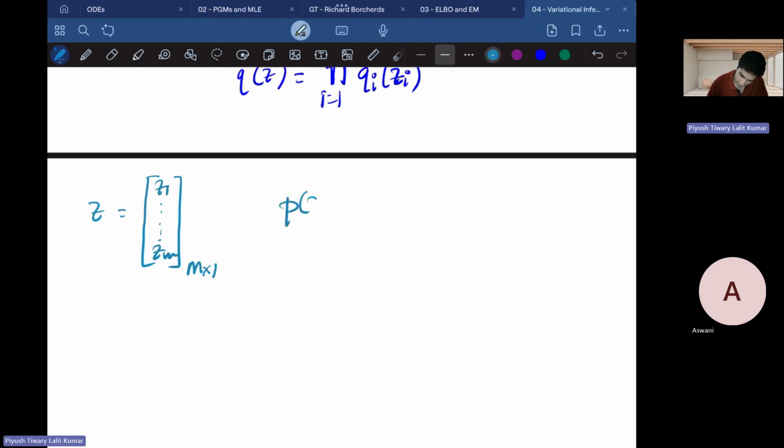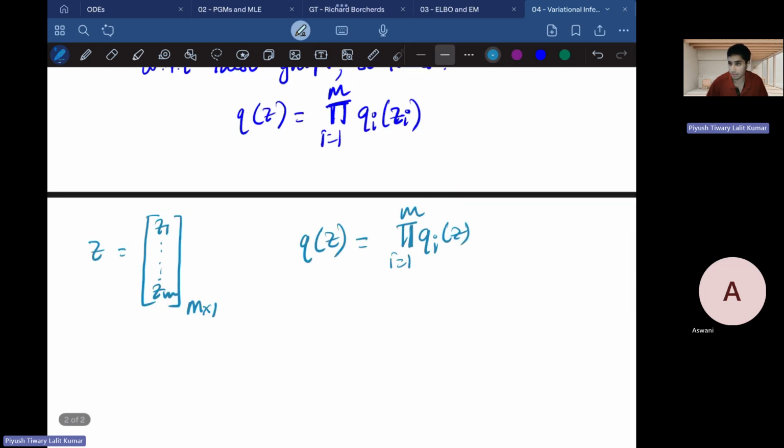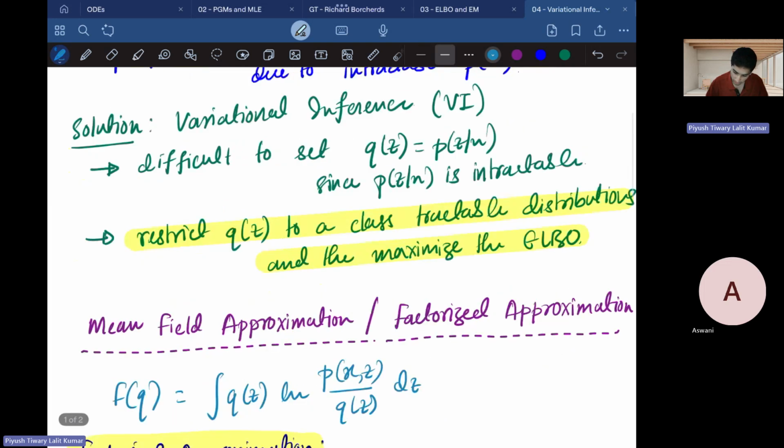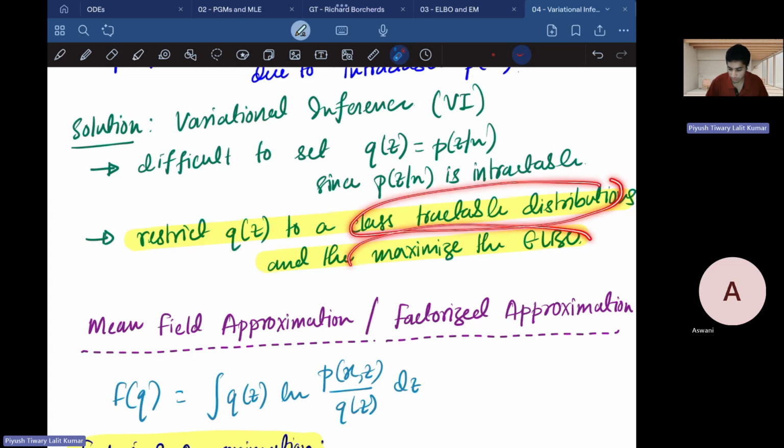You're saying that the joint distribution of this random vector Z is nothing but the product of Qi, with i going from 1 to m. This is how you are approximating your Q of Z. Remember, the whole idea of variational inference relies on this constraint that we restrict Q of Z to the class of tractable distributions and then maximize the ELBO.